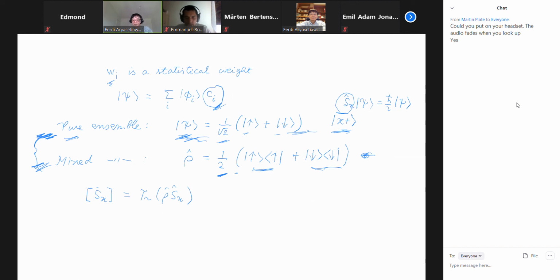Let's say, by using some magnetic field, in the case of spin, you can create an ensemble in which a certain fraction is in a certain state, spin up, let's say, in the z direction, and then you turn your magnetic field and you create other states.